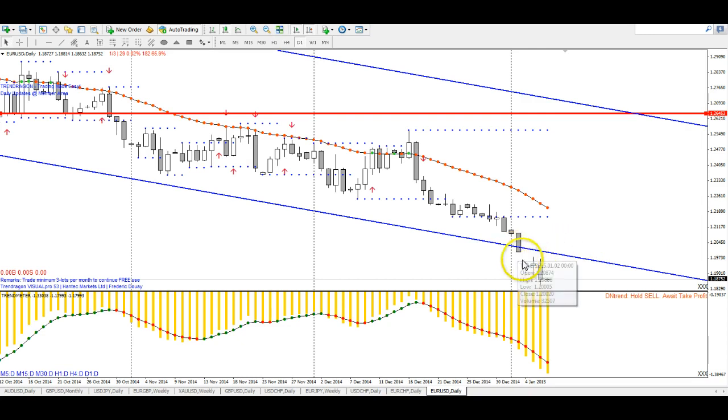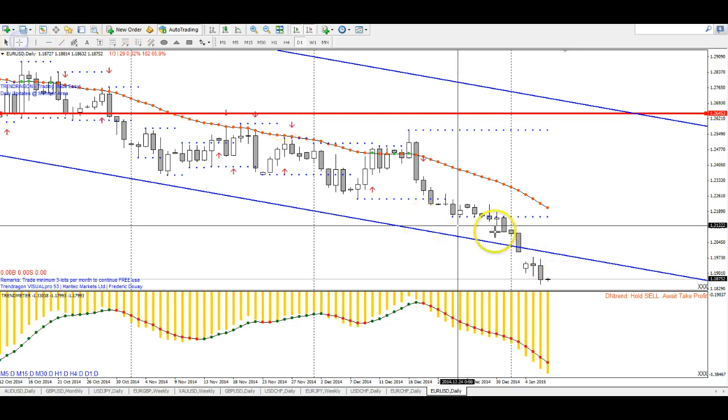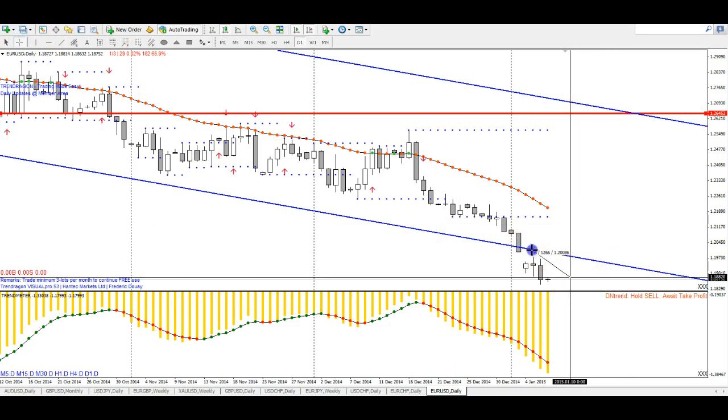But we could potentially see that the market would actually go back up to fill that gap, and that would be a move, as it stands now, to at least 120 pip up.